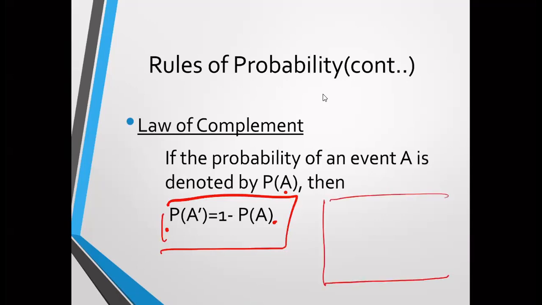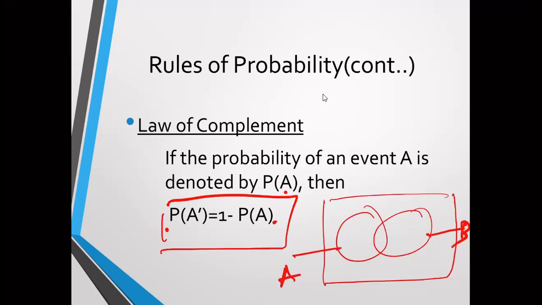Give me a second, I will explain it. Let's say we have 2 events. Sometimes we may have more than 2 events, but let's say we have 2 events A and B. Now the probability of the event A is given as PA. It can be any number from 0 to 1. I told you probability is represented by a number from 0 to 1.